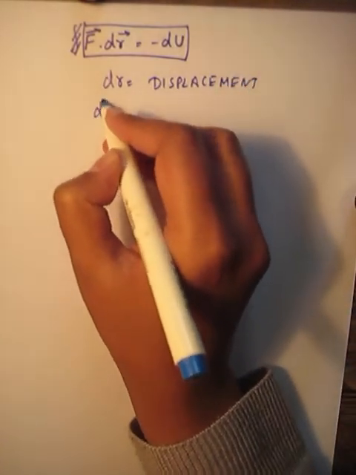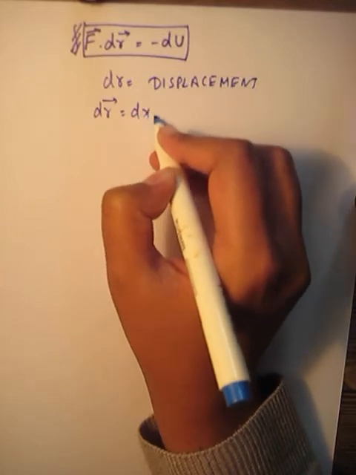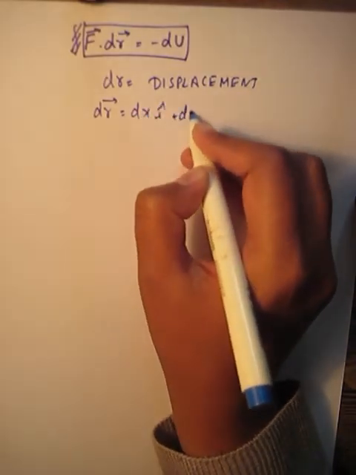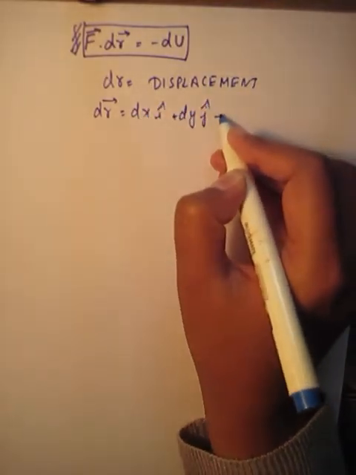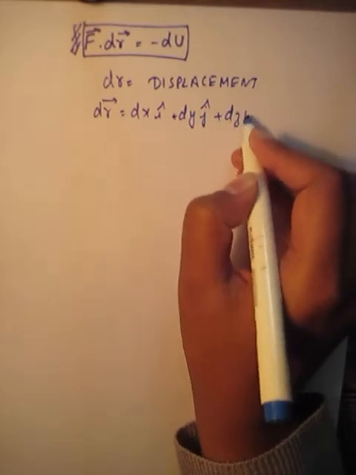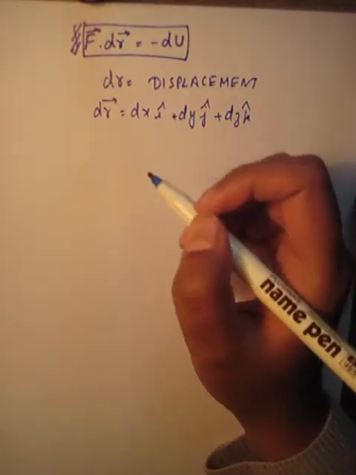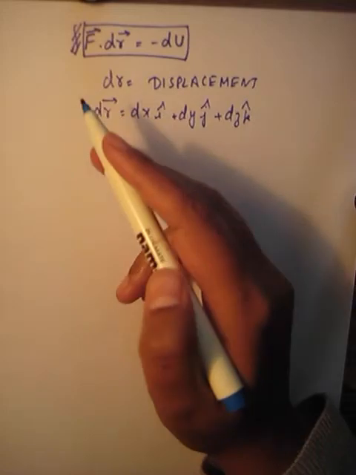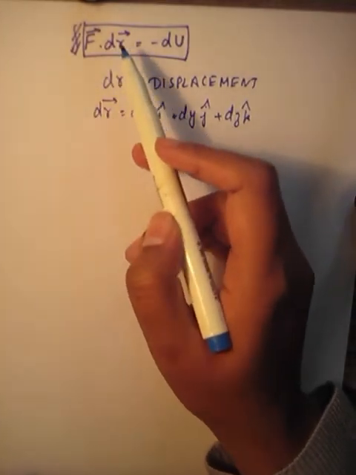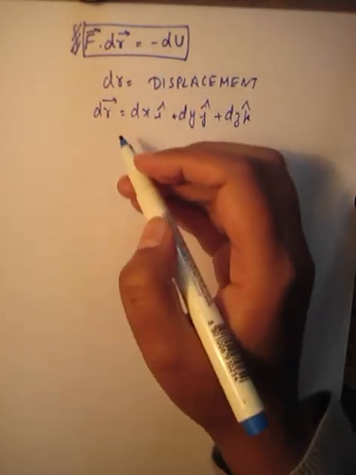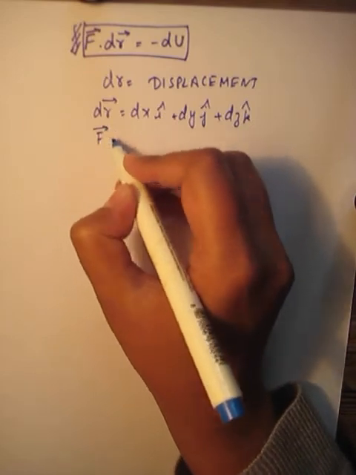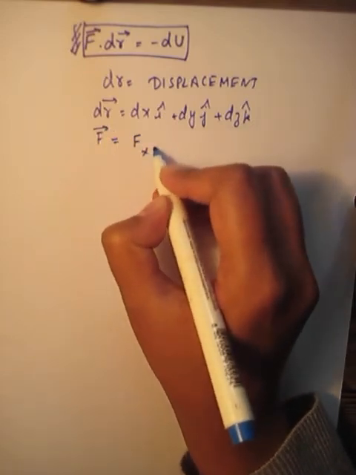So we can write it as dx i unit vector plus dy j unit vector plus dz k unit vector, if it is moving in the x, y or z direction. But if it is moving radially, then we can also keep dr and solve the problem. And F vector could also be in any direction.